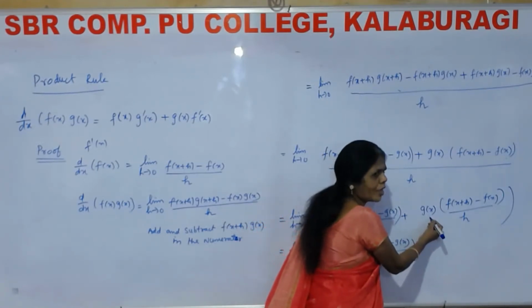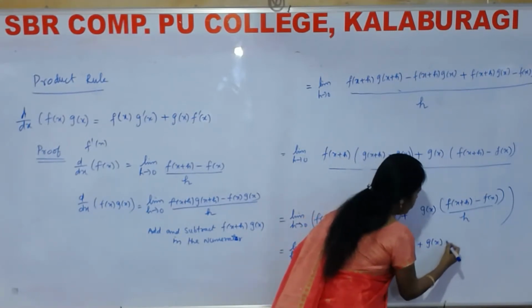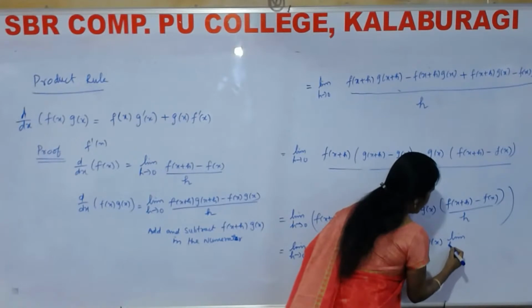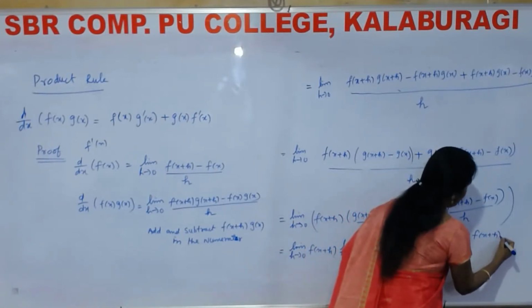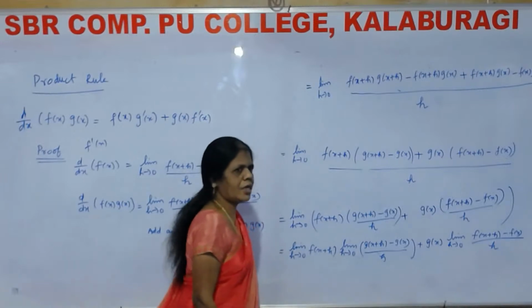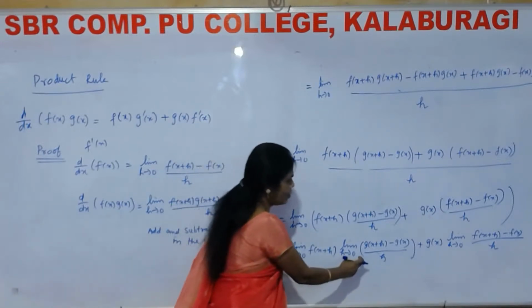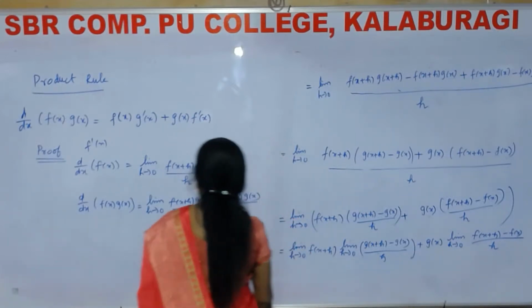This is nowhere connected with the limit, so let me write it outside into limit h tends to 0, f of x plus h minus f of x whole divided by h. Any doubt in this? Any doubt, students? So what is this one? g dash of x.